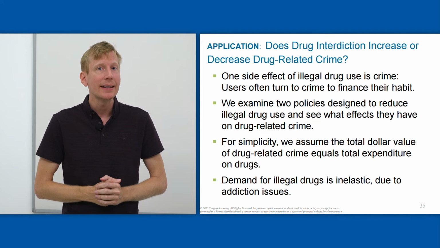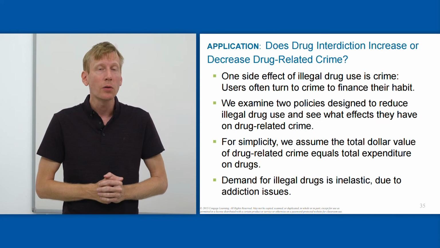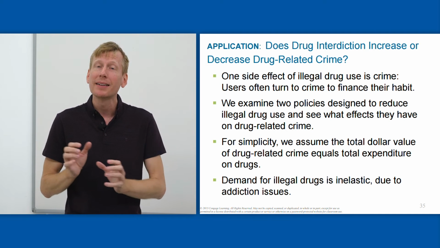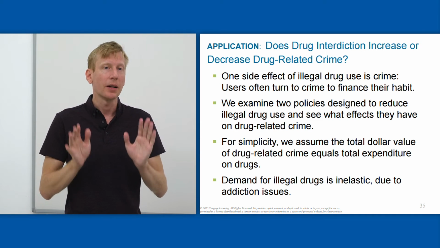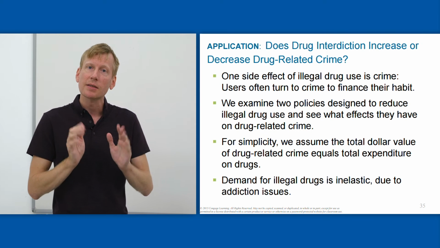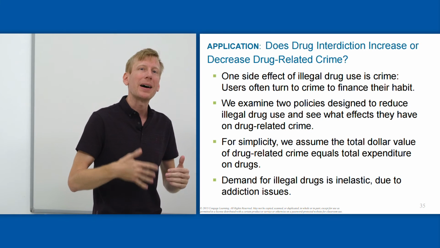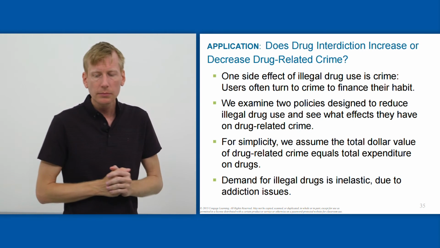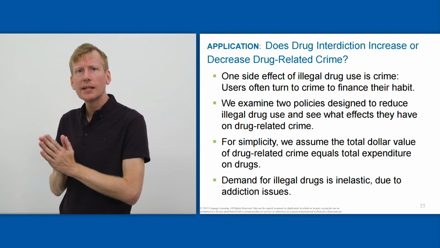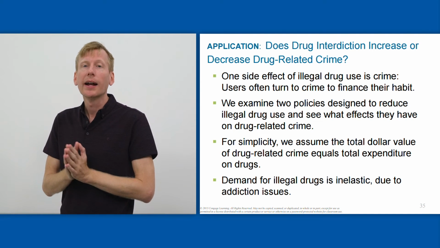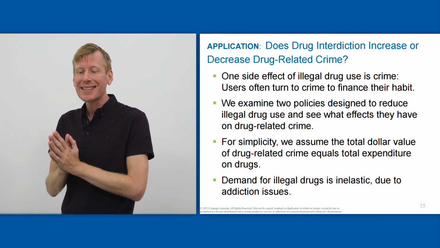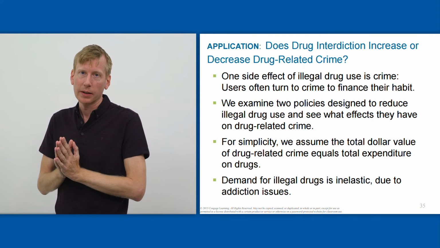Assume that heroin addicts don't have a lot of money of their own, and if they're going to get money to buy heroin, they're going to need to steal things to do this. Now, this is an assumption, but this is a fundamental basis of this policy scenario. We'll look at one policy that decreases the supply of heroin, and another policy that decreases the demand for heroin.